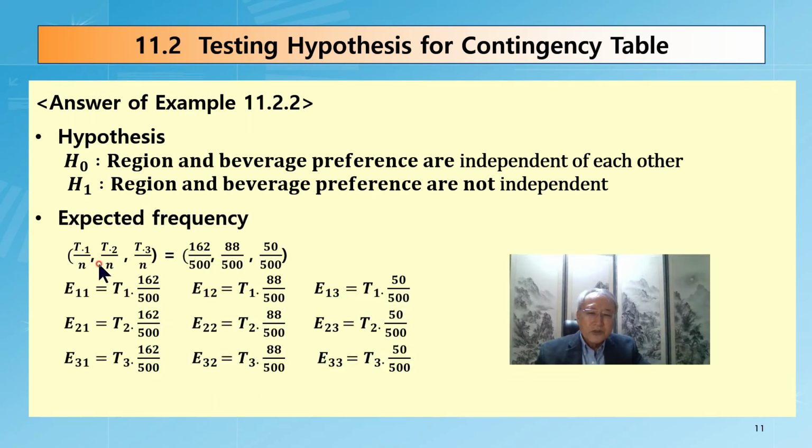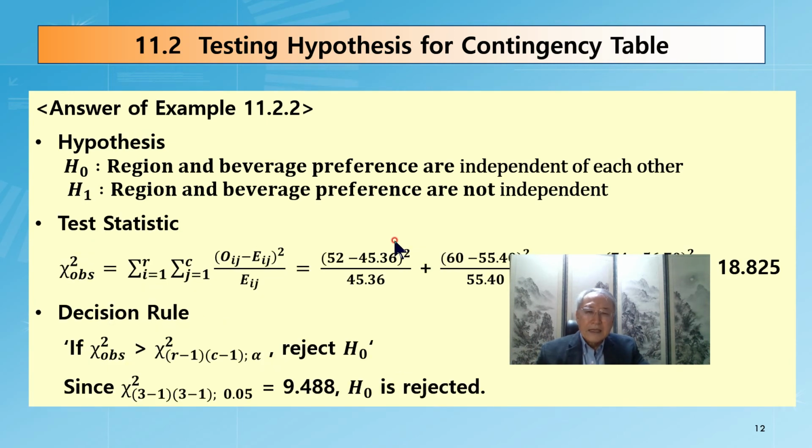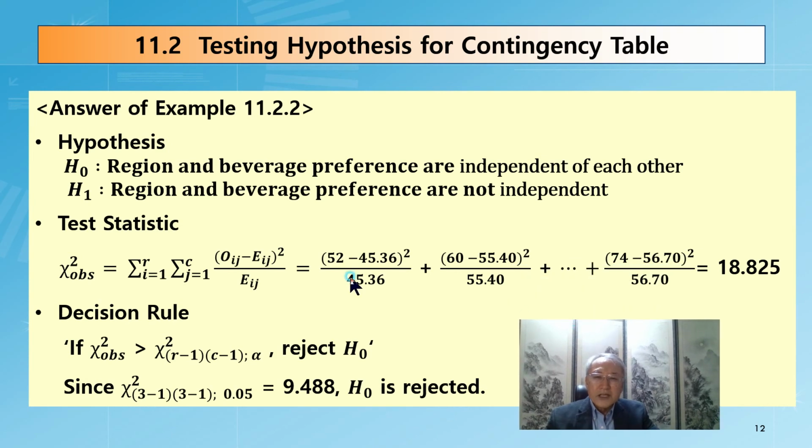As I said, you need to calculate the proportion related to each column total. Then multiply this proportion by each row total. It will give you the expected frequency. This expected frequency is the independence case. And we calculate the squared distance between observed and expected, and divide by expected frequency.